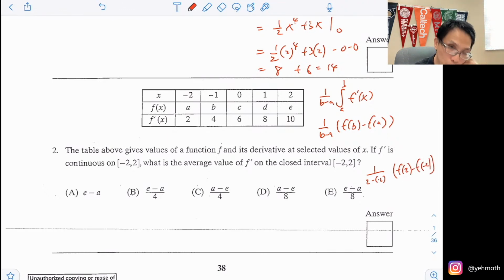And what will that be? That's equal to 1 over 4 times... what is f of 2? If I look at f of 2, it's going to give me e. And f of -2 is going to give you a. So it's e minus a over 4. That's B.